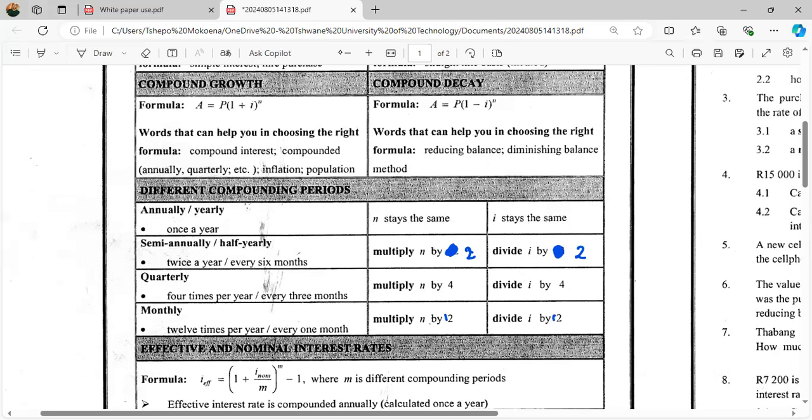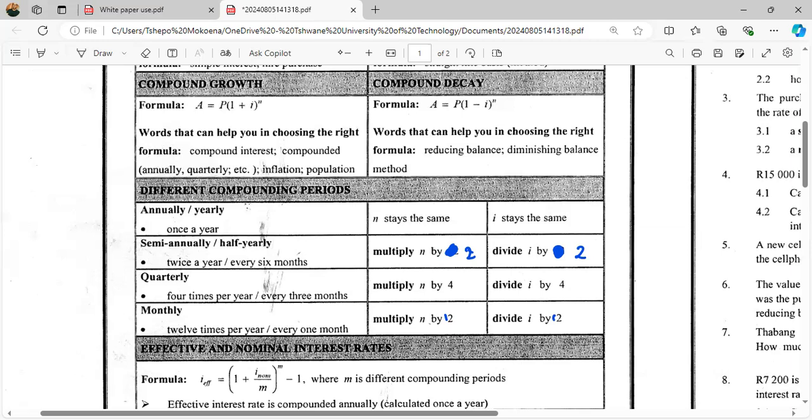So if they say it is compounded quarterly, every 3 months in a year your money will earn interest, meaning we multiply n by 4 and we divide I by 4 because we are talking about 4 terms. And then monthly, we are talking about 12 times per year, every month. We multiply n by 12 and we divide I by 12. So that's how it actually works.